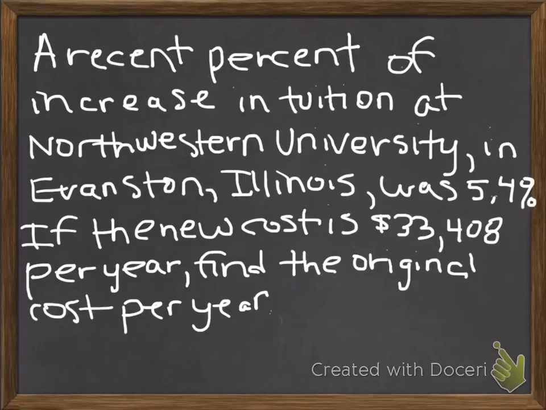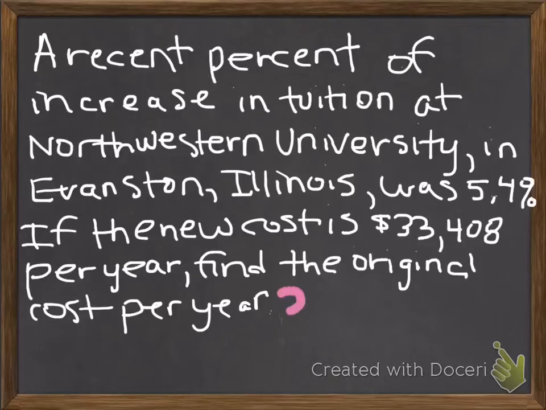So if we were to use that, remember it says the higher number minus the lower number. Well, we don't really know which one is higher and which one is lower. Okay, actually, that's wrong. We do know which one would be higher and which one is lower. The new cost is higher because it's the increase.